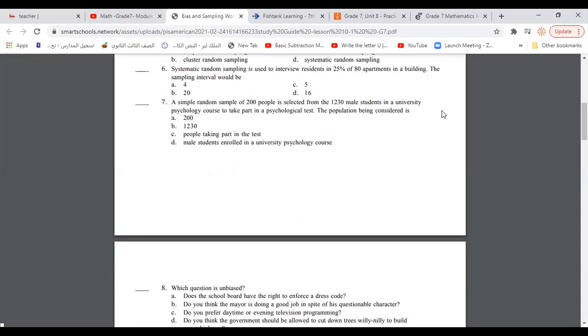What is the population in this question? A sample, random. B? No, it's D, not B. Yes, it will be D. Why, Abdurrahman? Because it's the male students in a university physiology course. Thank you, Abdul.